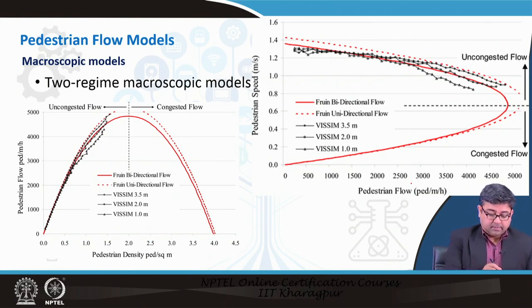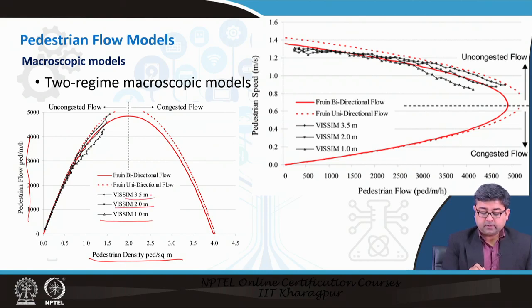So, when we are looking at pedestrian flow and pedestrian density, some of these newer models, so VISSIM 1.0, this is a simulation software, right. VISSIM 1.0 at different meters is what they have developed this for, and Fruin was the initial researcher who had developed this model back in the 1970s.